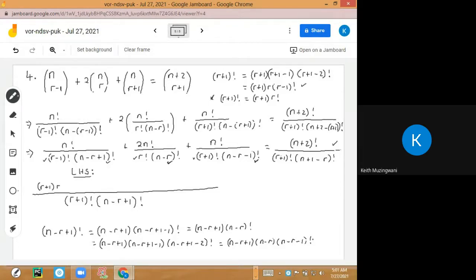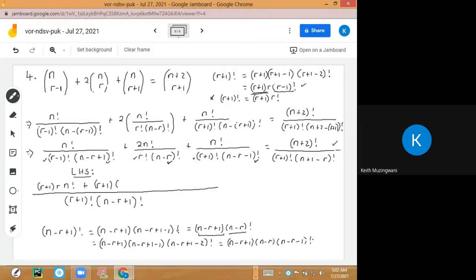So this part only will be taken away, and this one will remain. Then we'll multiply by n factorial, plus the middle part, r factorial, will have r plus 1, and for n minus r plus 1, this piece will be cancelled, this one will remain.